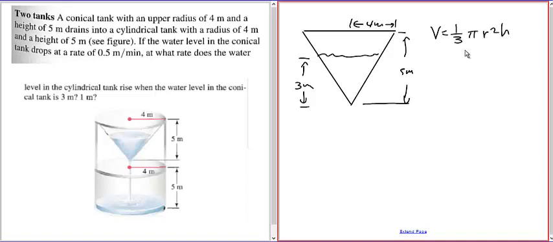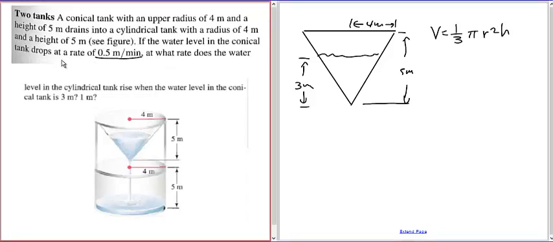We have had two problems like this before. We need a relationship between r and h to be able to put this in terms of one variable, because they're telling us the rate at which the water level, which is the height, drops.